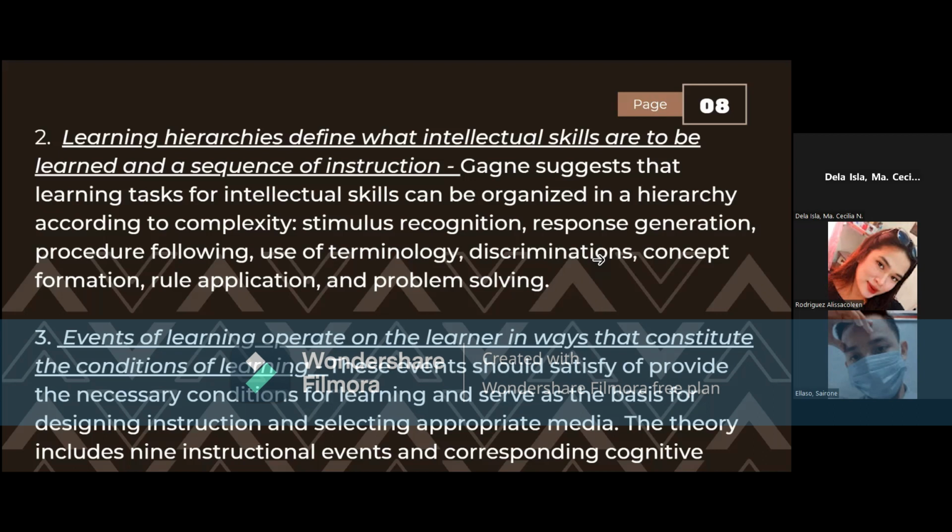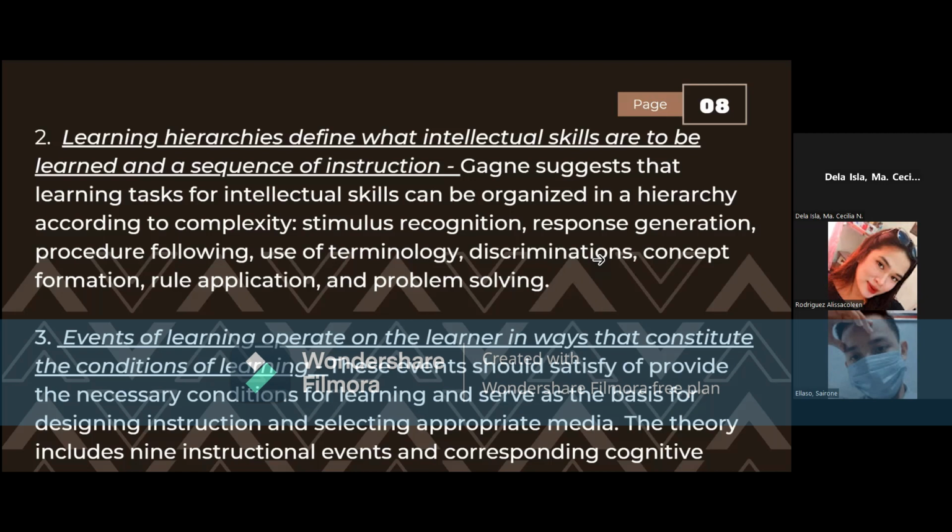So in short, according to Gagne's suggestion, to hasten the development of intellectual skills, we should understand first the learning hierarchy, because for him, it will help us to identify the right sequence of instruction. It also helps to identify the prerequisites. When we say prerequisites, these are the topics connected to each other.